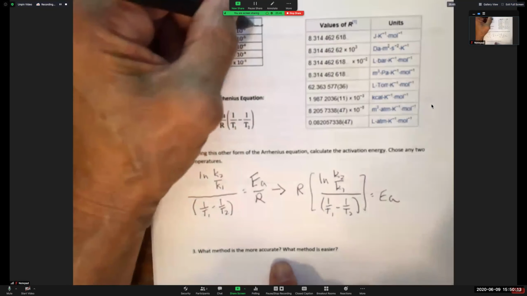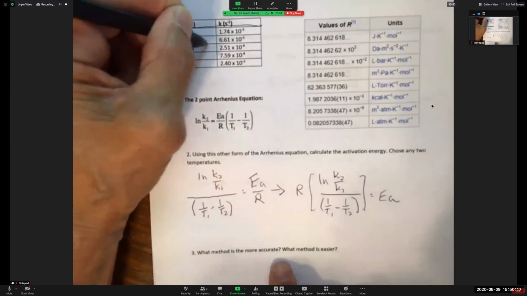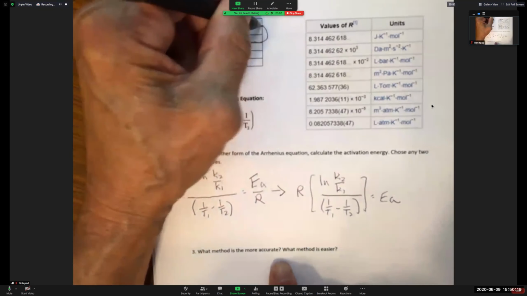When you work on this yourself, you should pick two other temperatures and see if you get the same thing. We're going to use this value for R, and we'll call these 1 and 2 here. Okay, I'm just going to plug in the values in my calculator.